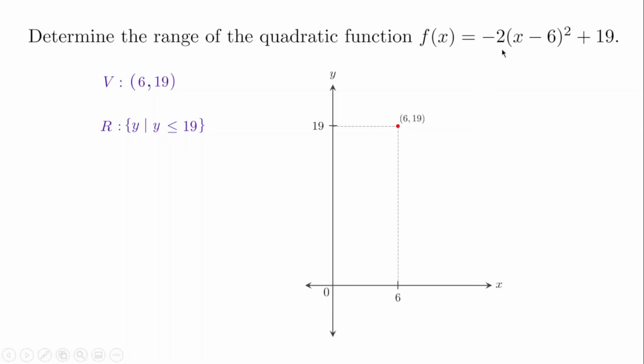And again, since a is negative, the graph is opening downwards. So as we can see, 19, the k value, is the highest possible value for y. Meaning all values of y are from 19 going downwards, or y is less than or equal to 19.